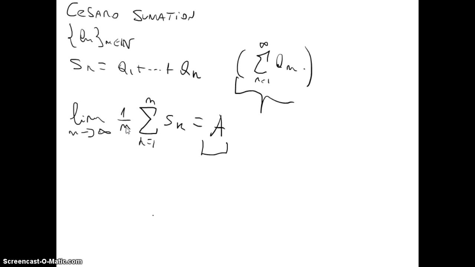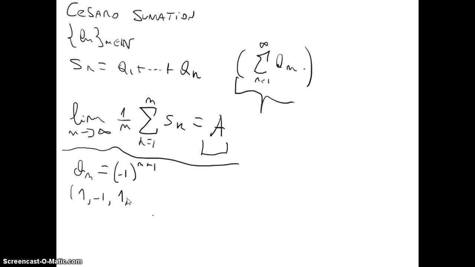A classic example is the sum where we consider a_n equals minus 1 and plus 1. This would be 1 minus 1, 1 minus 1, and so on.